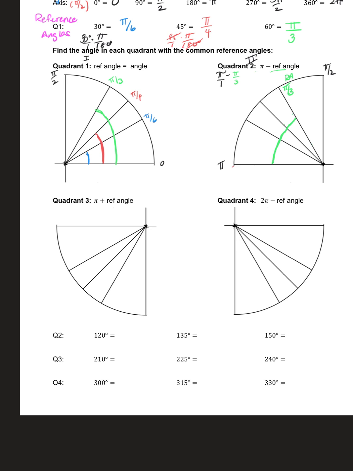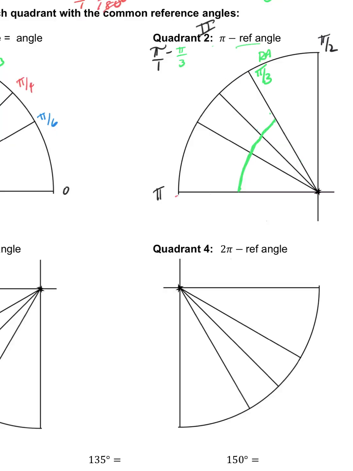The common denominator would be 3, so I'm going to multiply top and bottom by 3 to get 3 pi over 3, and I'm supposed to subtract the pi over 3. Well, 3 pi's minus a pi is just 2 pi's, and the denominator stays the same. So now my angle right here with the reference angle is 2 pi over 3.